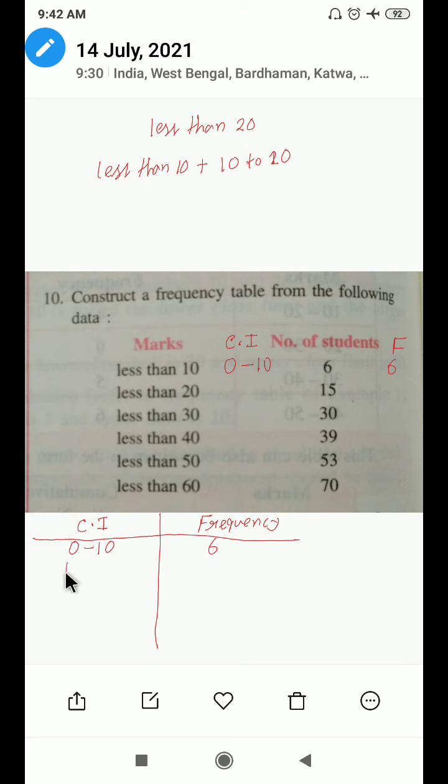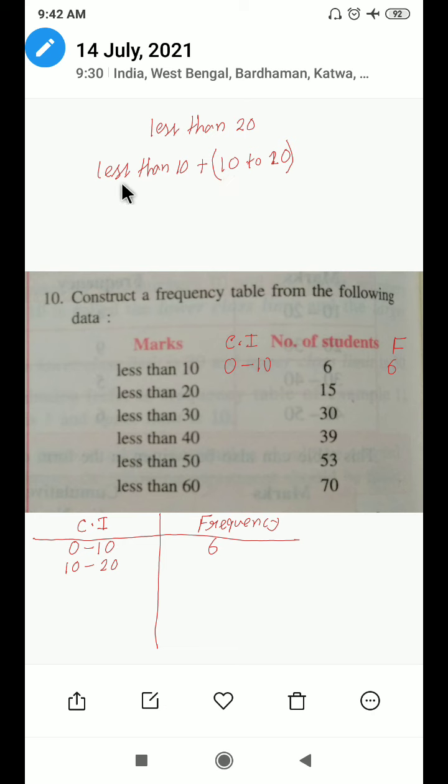Now when the class interval is 10 to 20, what to do? You have to subtract. Less than 20 means it covers the less than 10 frequency and the 10 to 20 frequency, but you have to find out the 10 to 20 frequency. So what to do?